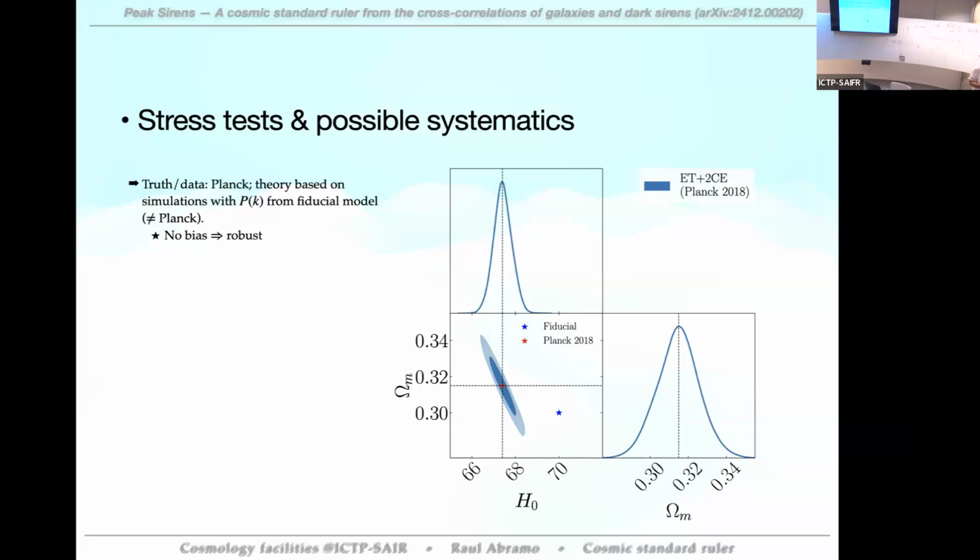I understand why it's robust and you have no bias, because you only care about when you have the maximum overlap, because that's when it's going to maximize your correlation. But I would expect it to be slightly suboptimal if you don't have the perfect power spectrum that you expect in your model. Right. So I'll show you another stress test that we've done.